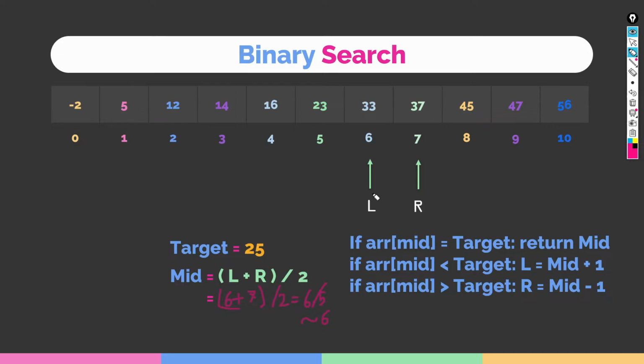No. And 25 is less than this value, right? So again this condition is satisfied. If that is satisfied, then R becomes mid minus 1. Mid is 6, minus 1, which is 5. So R becomes this one. Let's do that.